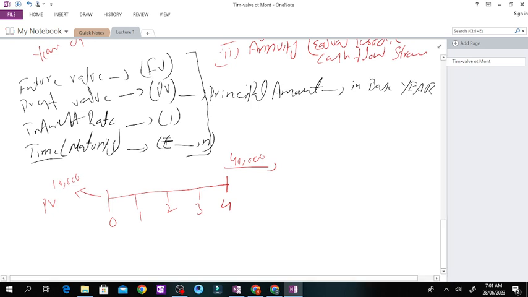So how much will you get? 10,000 after year 1, 10,000 after year 2, 10,000 in year 3, and 10,000 in the last year, which is year number 4. Remember that normally we show the invested amount as a negative CF.